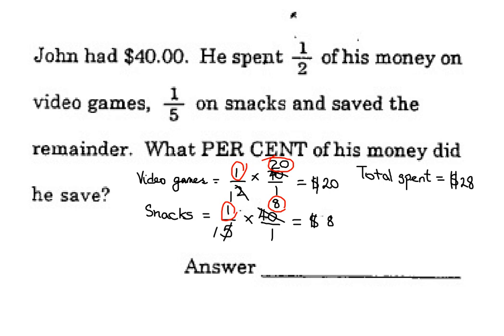Because they said that the remainder is what he saves. So can you tell me how to calculate the money remaining? So after you went and you spent your $28, how much money you have remaining if you had $40 to begin with? If I ask you to tell me, after you spend your $28, how much money in your pocket still?